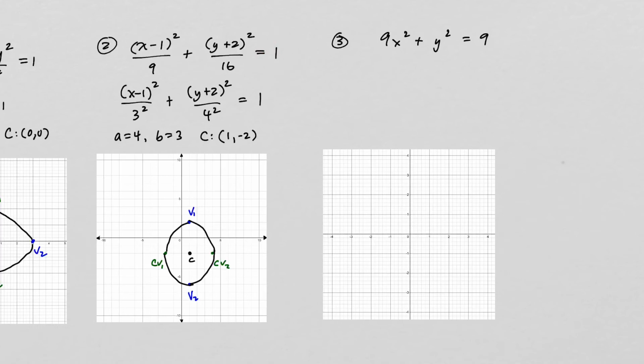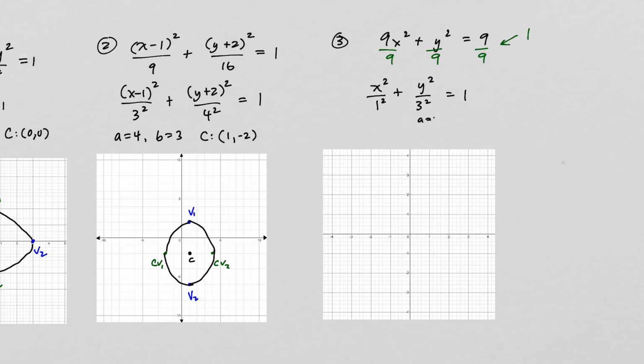So the first thing I need to do here is divide both sides of the equation by 9, because I'm looking to make 1 here. If we do that, we get x squared, right? 9 over 9 cancels, so I'll write x squared over 1, plus y squared over 9. 9 is 3 squared, and this is equal to 1. And 1 is the same as 1 squared.